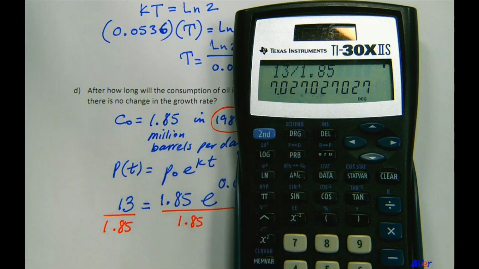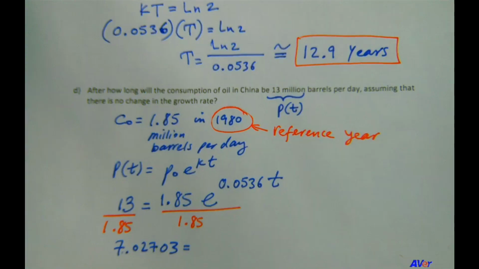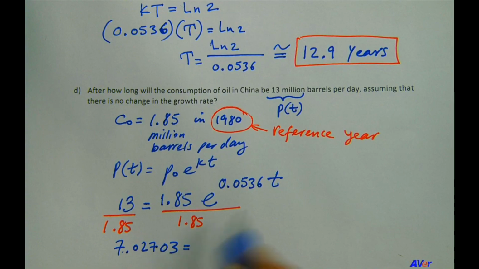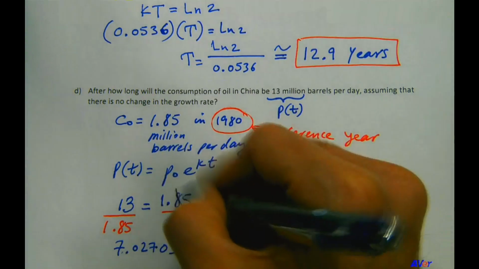So 7.02703. Again, because we're dealing with exponential functions here, you don't want to round this to 7.0. Your final answer will be off by a large amount. So you want to keep at least 4 decimal places, if not 5. In this case, I've kept 5. And then on the right, the 1.85 has been canceled.